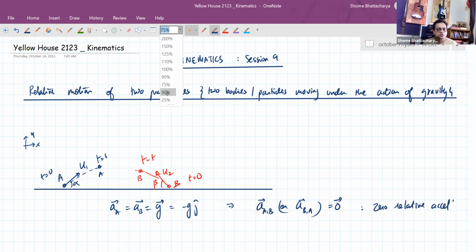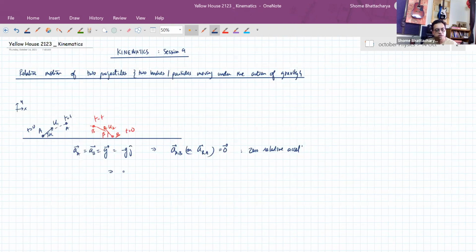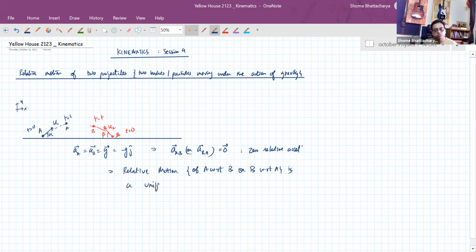So this implies that the relative motion of A with respect to B or B with respect to A, whichever be the case, is a uniform motion, or one with 0 acceleration.